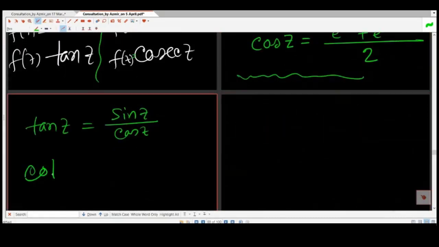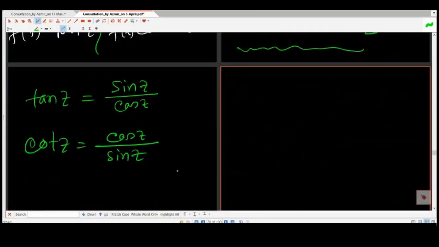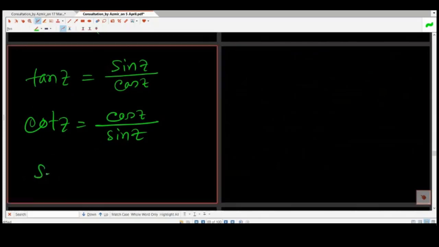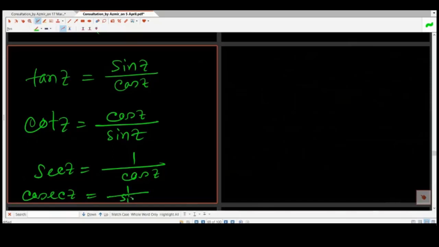Similarly, cotangent of z will be cosine of z over sine of z. Similarly, secant of z will be 1 over cosine z. Similarly, cosecant of z will be 1 over sine of z.